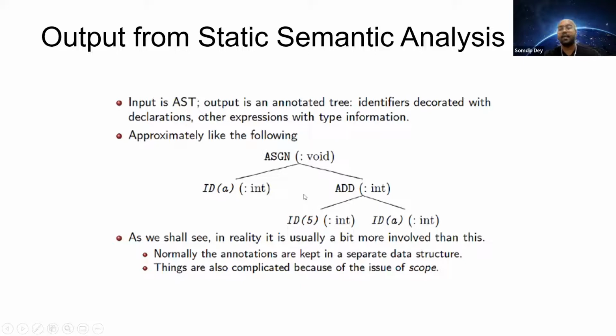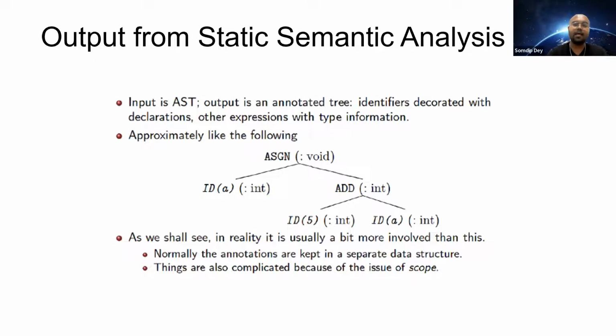Normally the annotations are kept in a separate data structure, not as part of the AST. Things are also complicated by the issue of scope, because depending on the scope, the type of a variable can differ as well. For that, we will shortly look into other mechanisms or approaches.